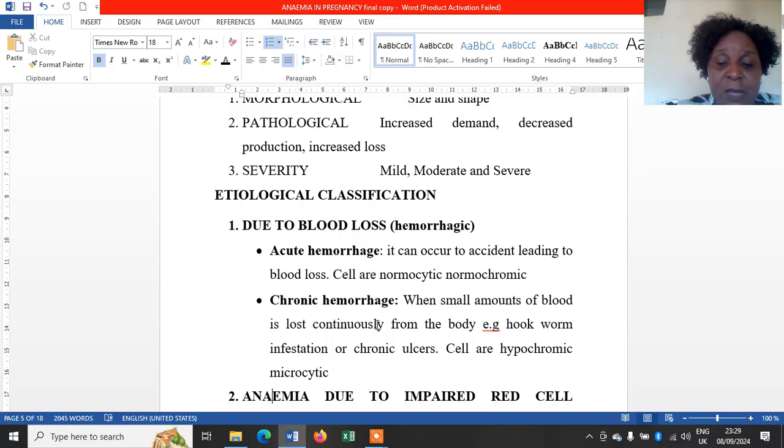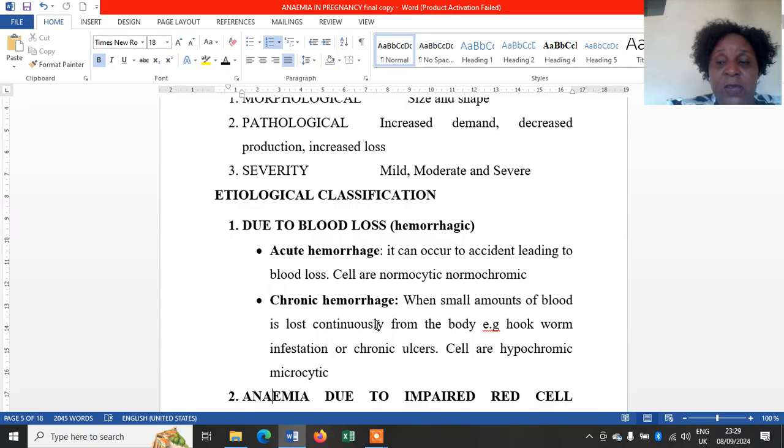What does it mean? That on visual inspection through the microscope, the red blood cells of a mother who has had chronic hemorrhage will look light, that means hypochromic, and they will be small, microcytic.